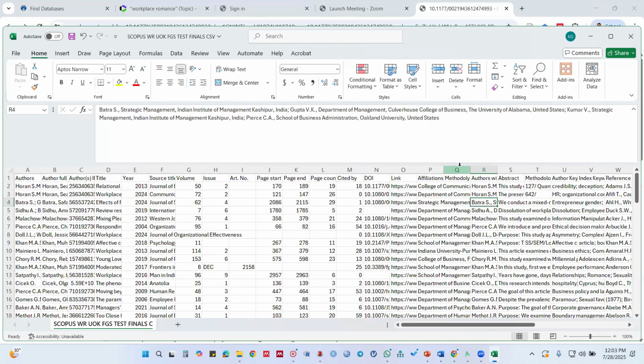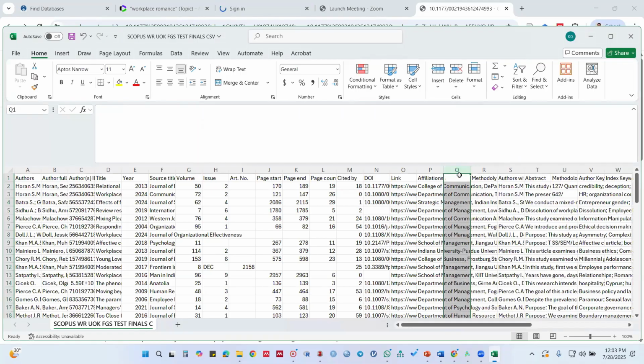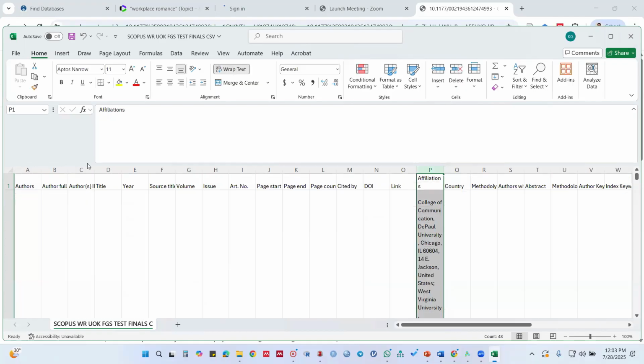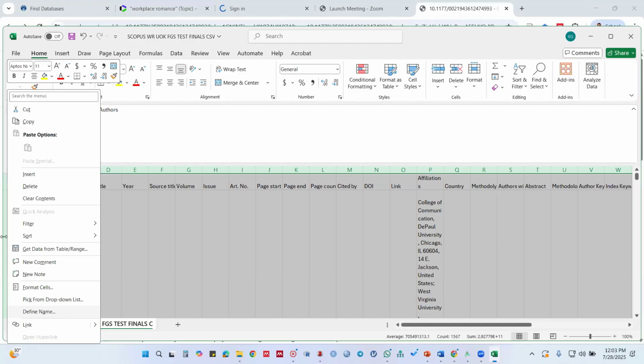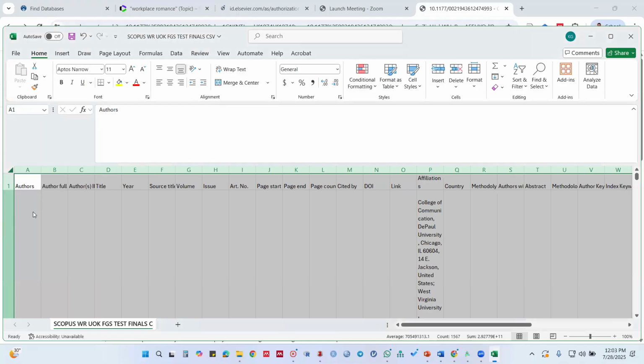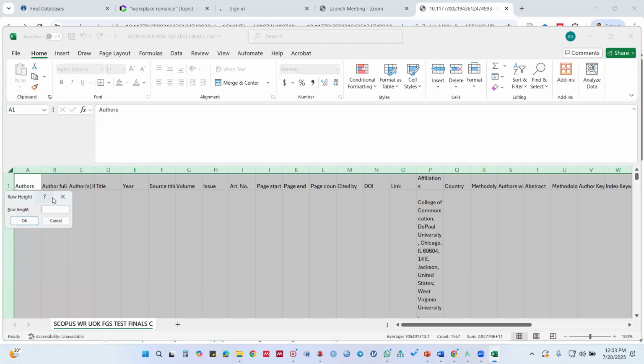You need to identify contextual gaps, for example, right? Then you can simply add the country of publication. Likewise, you can insert columns, and using this Excel file, you can do the necessary analysis.